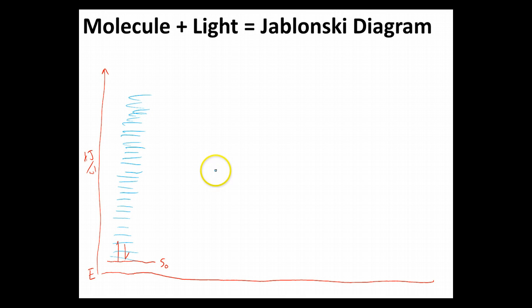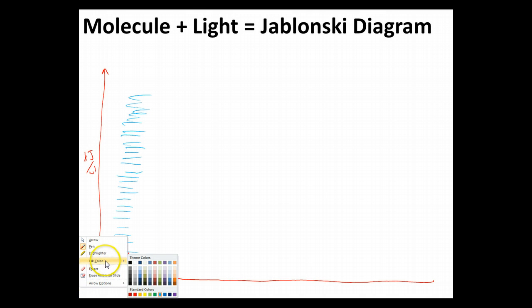Alright, so we've got a whole bunch of these vibrational states. Now if I give it a small photon, and in fact, let's say these are rotational and vibrational states together. That's probably even more authentic. That means that if I start hitting it with microwave radiation or radio or something like that, then I'll just be exciting through some of these, and then it'll just fall right back down.